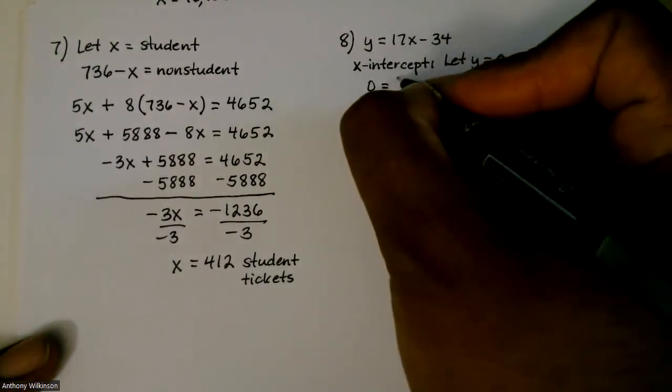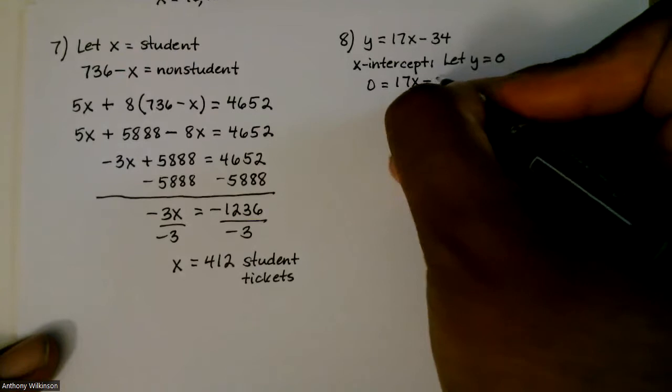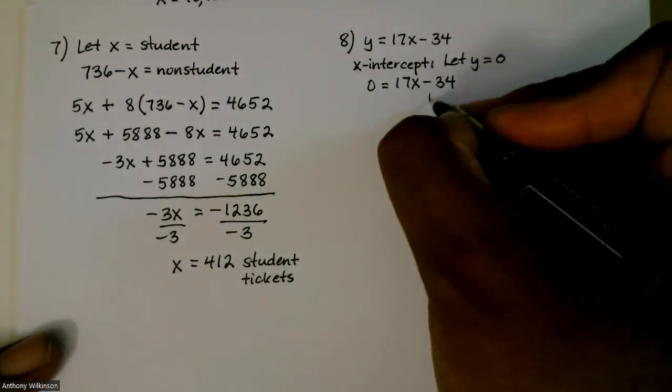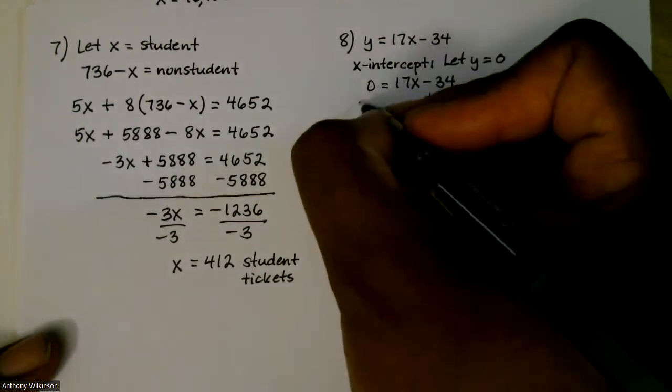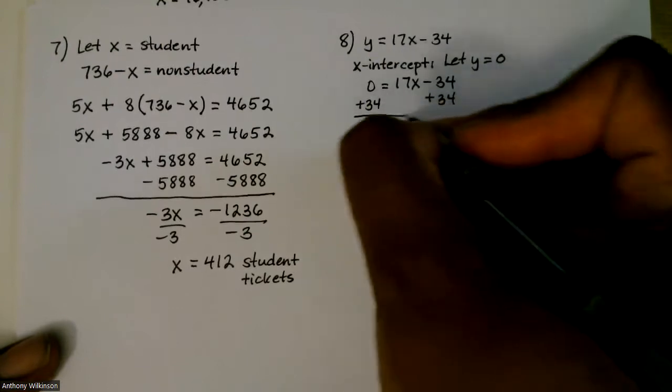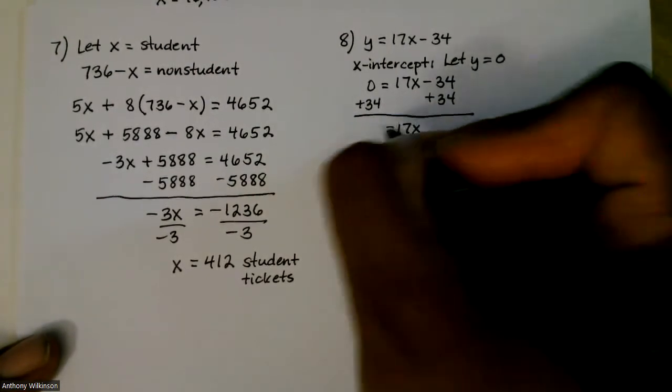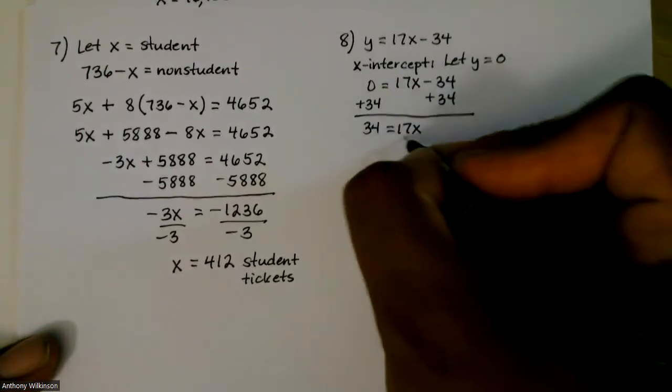So the 0 is equal to 17X minus 34. And then to get 17X by itself, we add 34 to both sides. So that means I'm going to have 17X equaling 34.